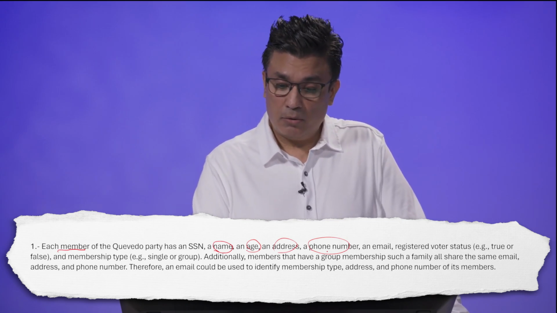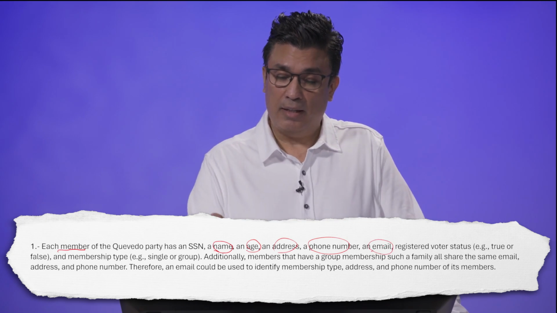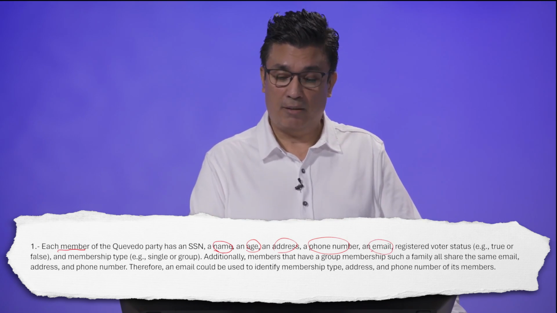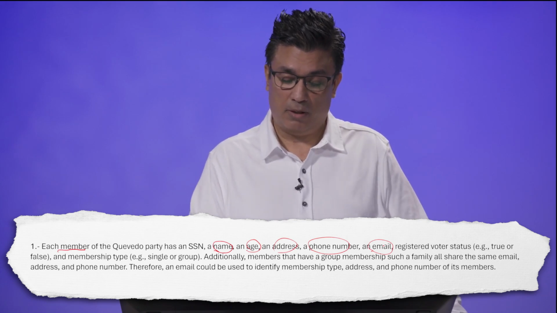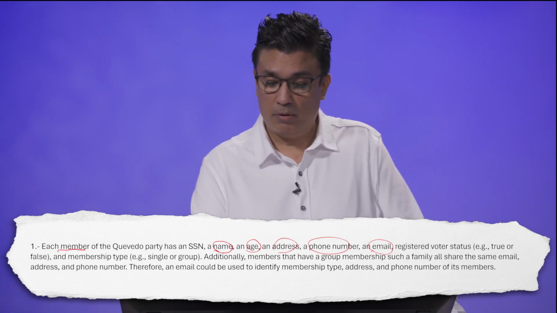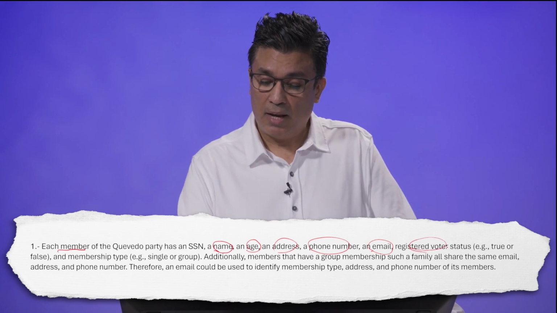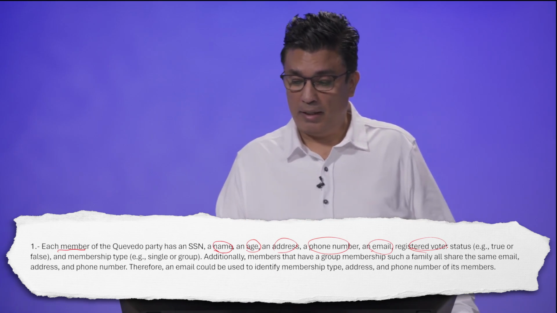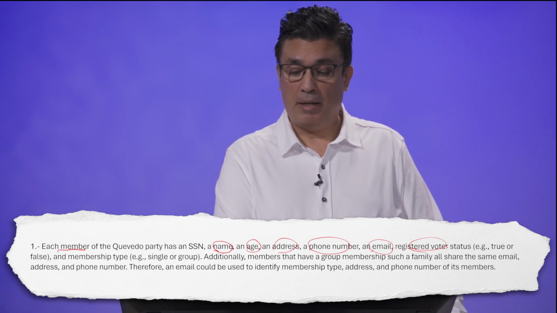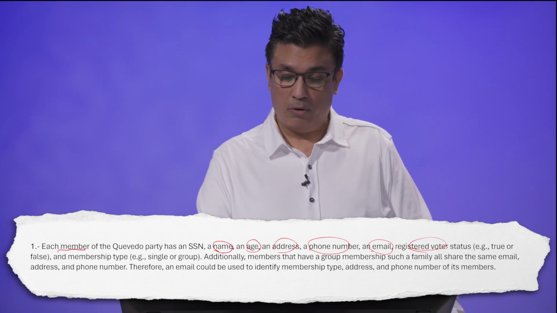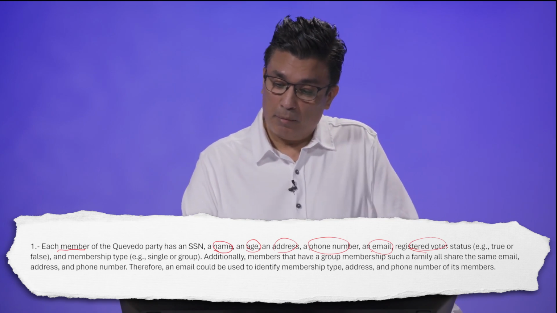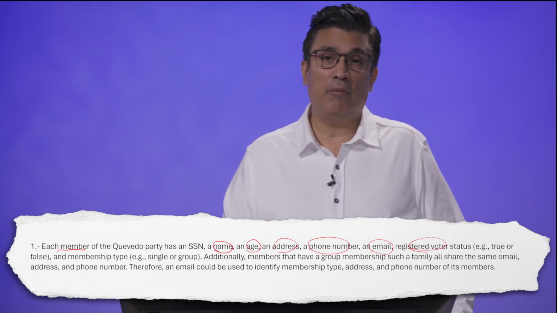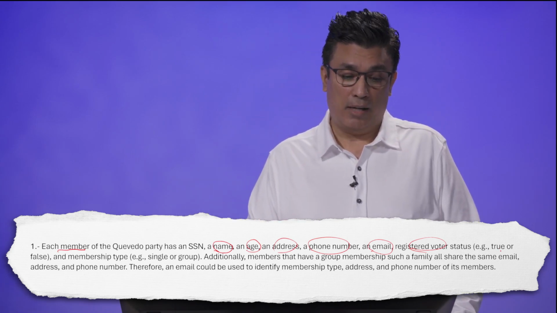Now, there is also an email, and then I need to know if they are registered to vote. In that case, I got information about the values of the attributes for that entity, which I didn't have for name and age. In this case, I had true or false, which is a requirement that we're not going to be able to store initially in the diagram.